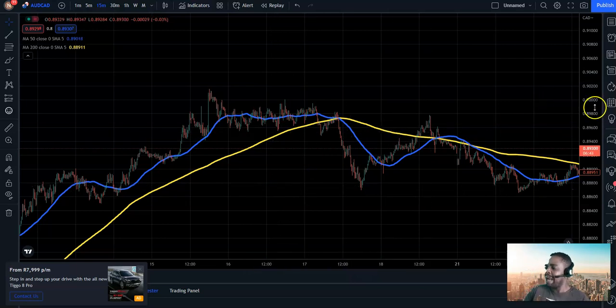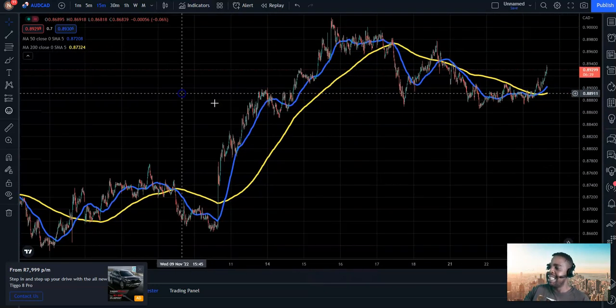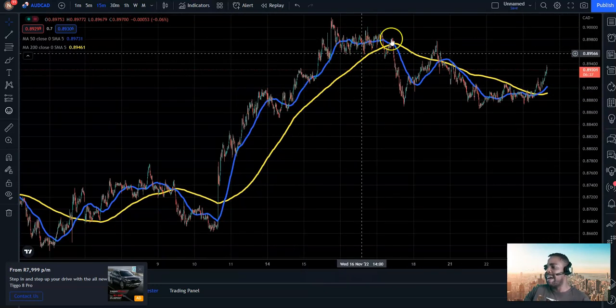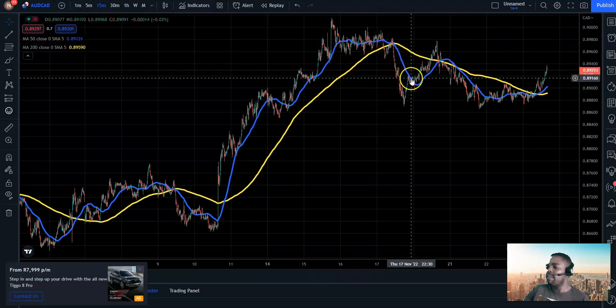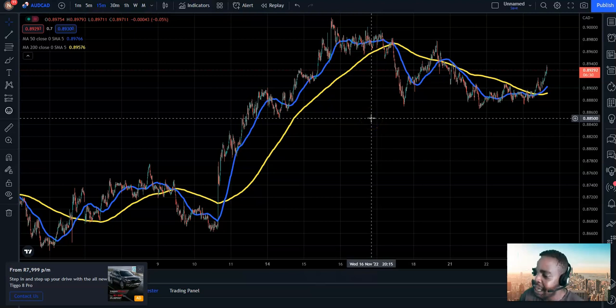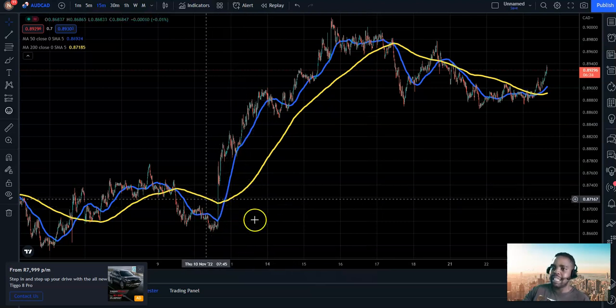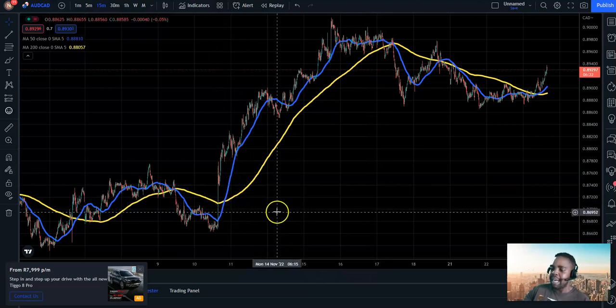Golden cross implies this section here: once these lines cross, the faster moving average and the slower moving average, at some point, it's a strong signal that there will be an uptrend or a downtrend. Like here in this case, this was a strong signal that this was going to be an uptrend.